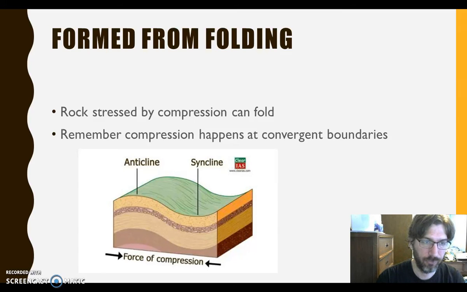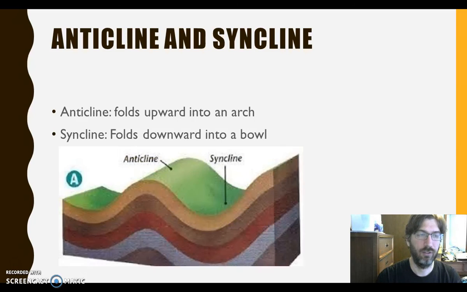Our forces are compressing them, and you're going to get the rock bent, and part of it's going to bend upwards and part of it's going to bend downwards. Your anticline goes up and your syncline goes down, which we'll get to right here. See, as our rock is being folded here, it's being squished and compressed together. It's starting to get these folds. Your anticlines go up and your synclines go down.